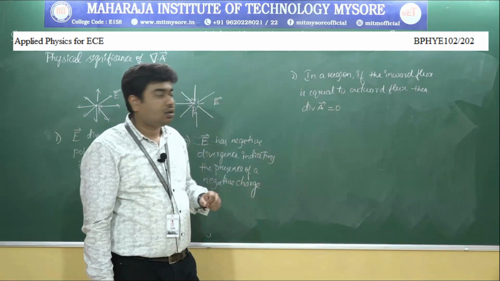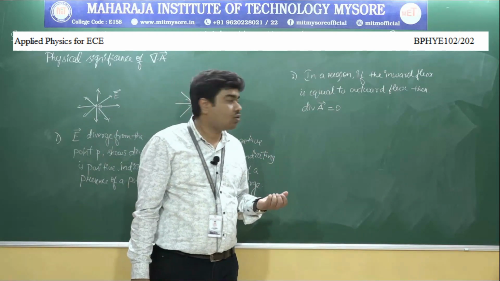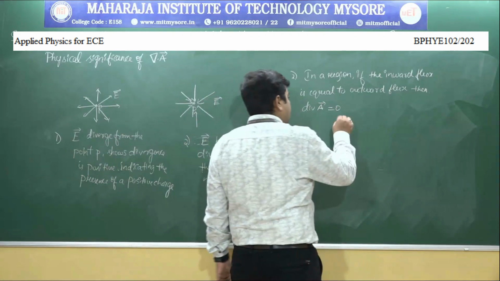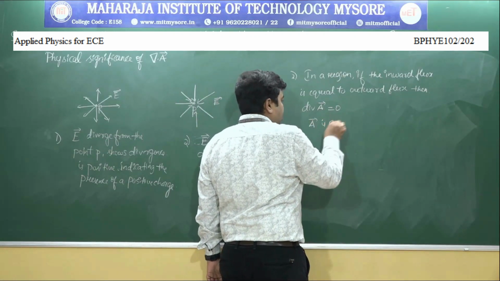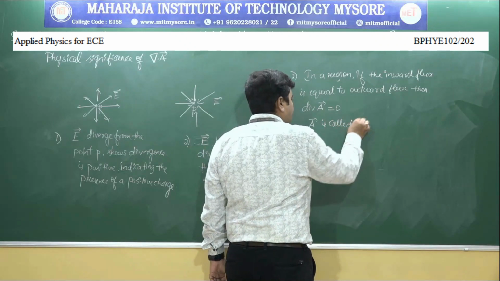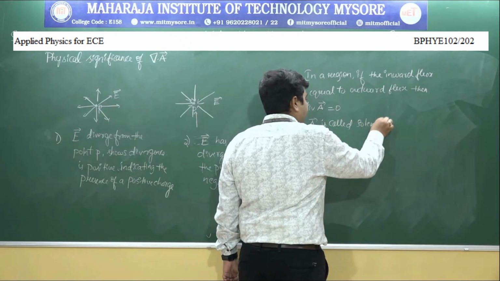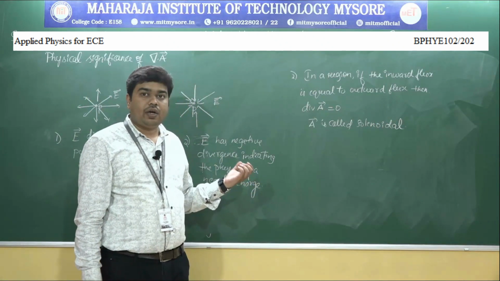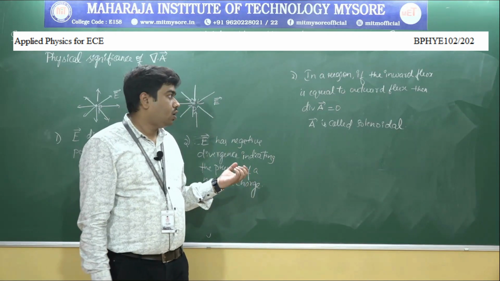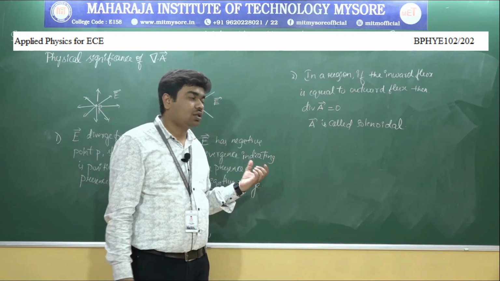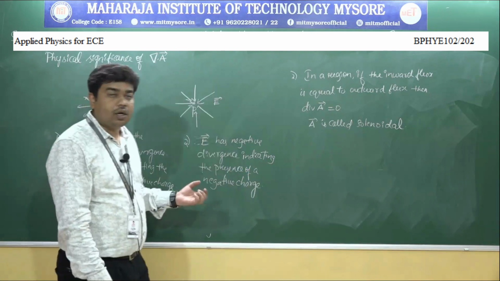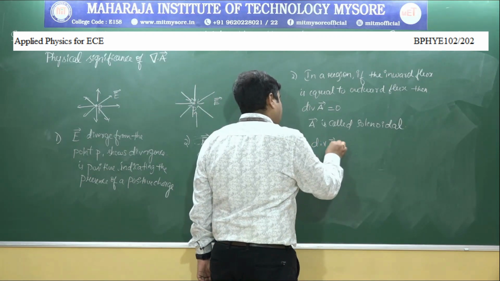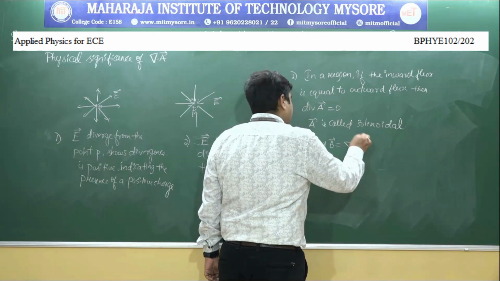So in that vector field, if the inward flux is equal to the outward flux, the divergence of vector A is equal to 0, and such a field is called solenoidal. In other words, if a vector field vanishes when it undergoes divergence, then it is called solenoidal: div B or del dot B equals 0.